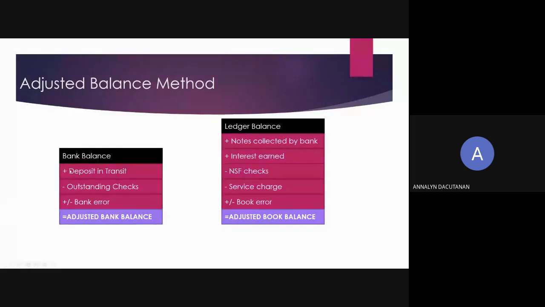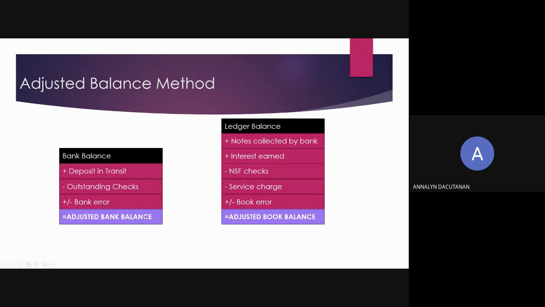Deposit in transit, i-minus mo. Why? Kasi kapag ni-reverse mo yung formula dito, ibig sabihin, tinanggal mo lahat ng adjustments. Okay? Di ba balik ka ngayon dito sa unadjusted bank balance? So again, umikot lang. Kung upward yan, reverse formula. Pag downward, copy this formula. Pero pag aakyat na, reverse the formula.